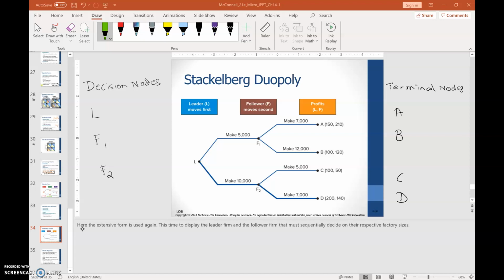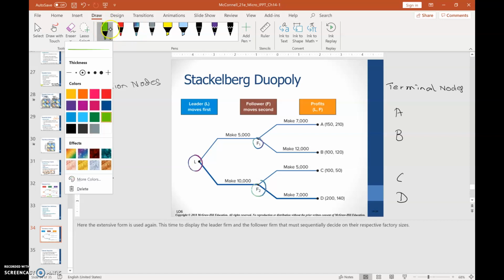We have the decision nodes, which are this one, L for the leader, F1, this is for the follower, and F2, this is also for the follower.